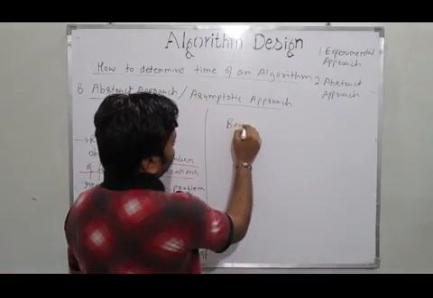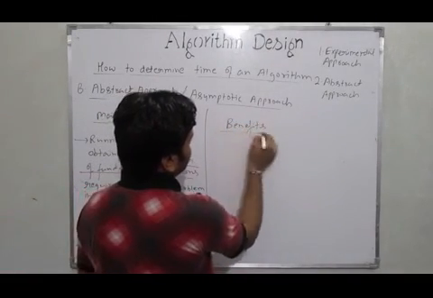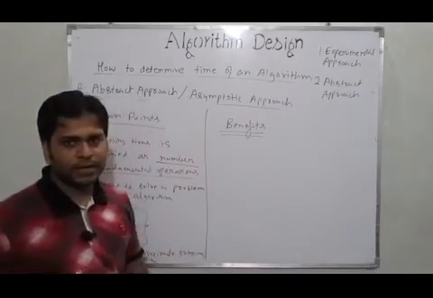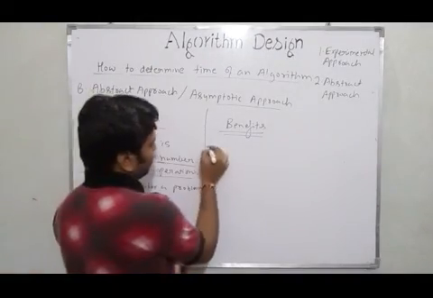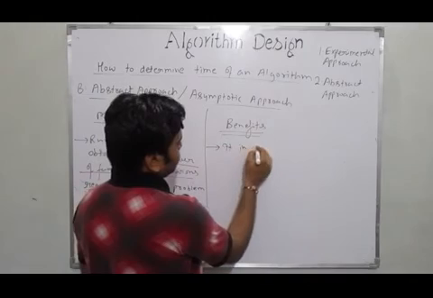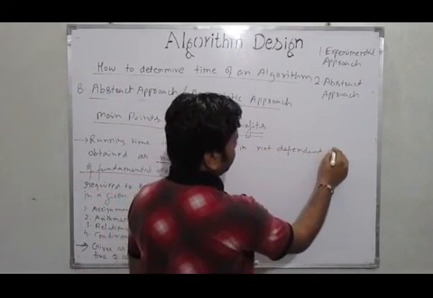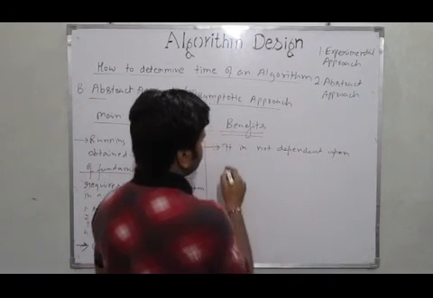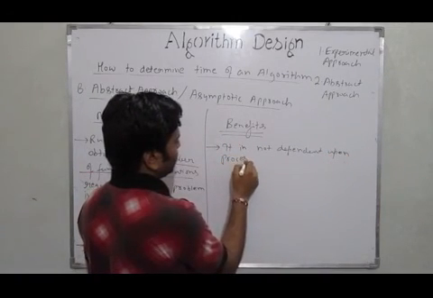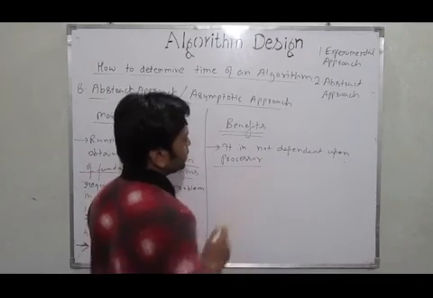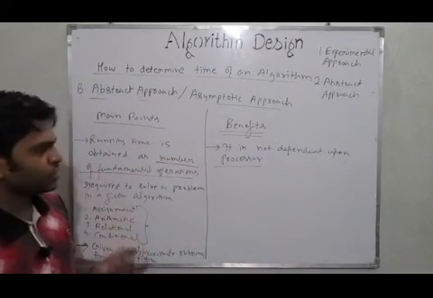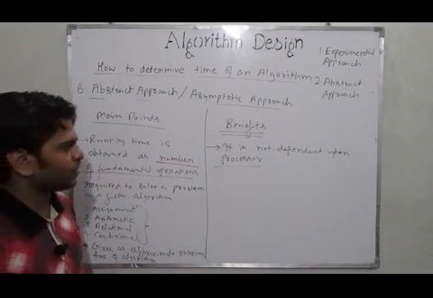And what are the benefits that we have obtained here as compared to the experimental approach? The first benefit is that it is not dependent upon the processor's speed. Fine, it is not dependent upon the processor and its speed.